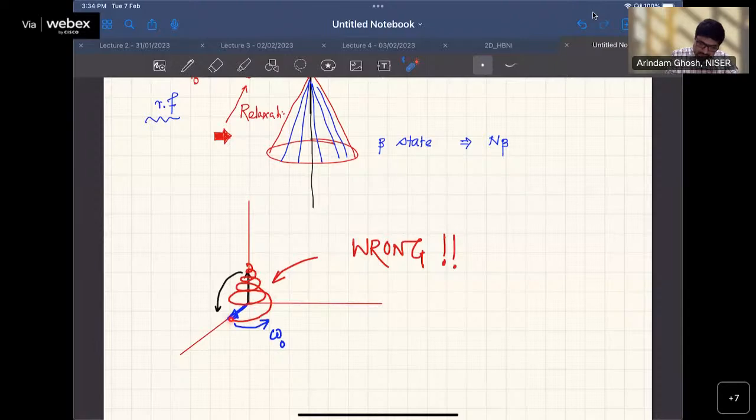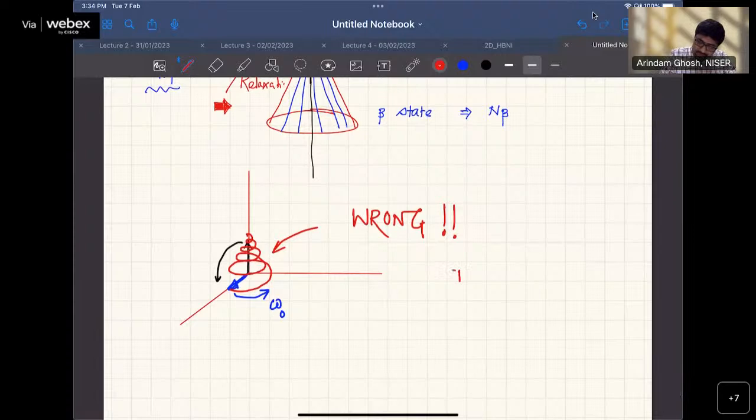The time it will take from here all the way to here for the X component to vanish, that exact time it will take the Z component to appear, because it is starting from X, and with rotation it is going to the Z. So if this whole process going from the XY plane rotating into the Z takes about say 2 milliseconds, then after 2 milliseconds the entire Z component should come back and the entire X or Y component should be vanishing, correct? So the amount of time taken for the X and Y component to vanish and the Z component to reappear should be equal. But you will always see that that is not the case.